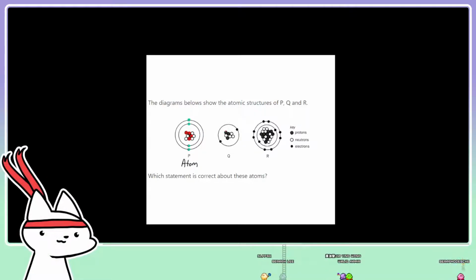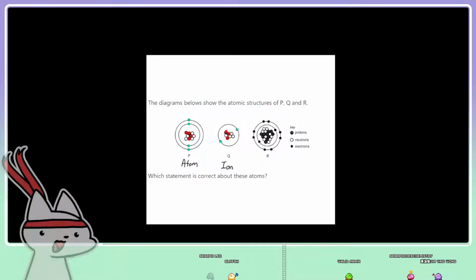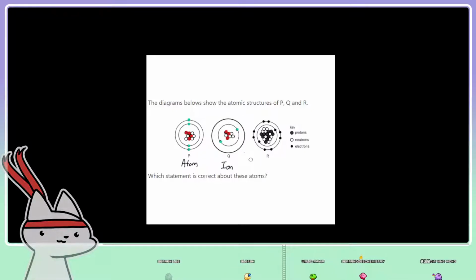Whereas for Q, you get 1, 2, 3 protons, but it only has 1, 2 electrons. So this is actually an ion. To be exact, if I want to make it back into an atom, there is a missing shell and a missing electron that we didn't draw.